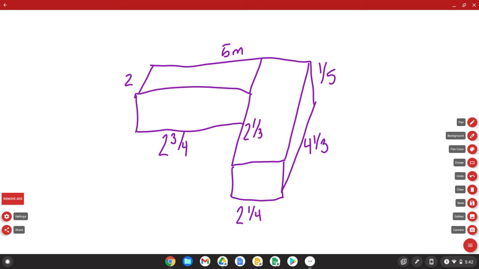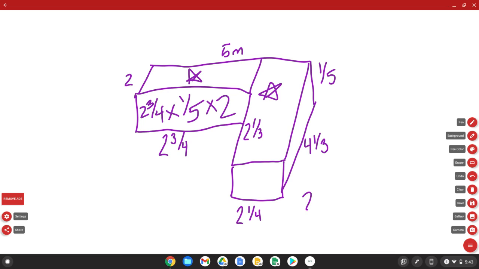Okay, so we're going to find the area of here, or the volume, and here. So this one we're going to take 2 3/4 times 1/5 times 2. Okay, now this one, we're going to take 2 1/4.